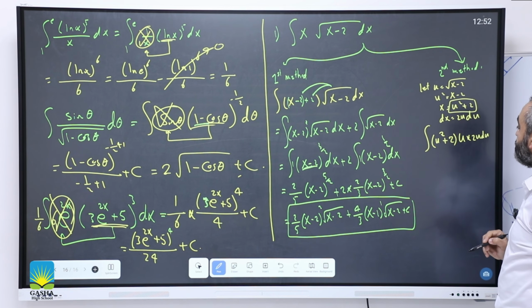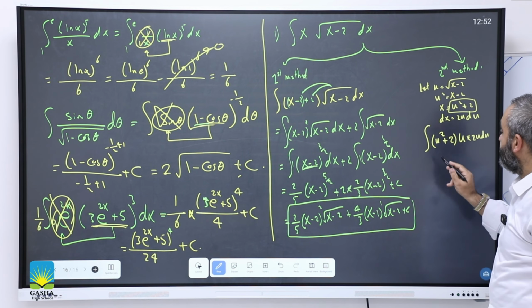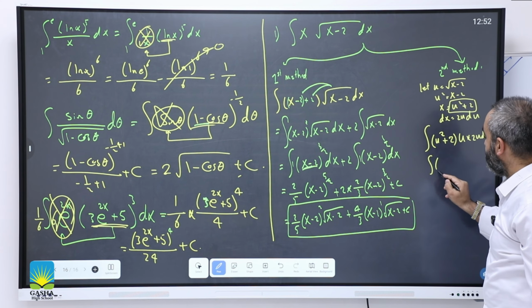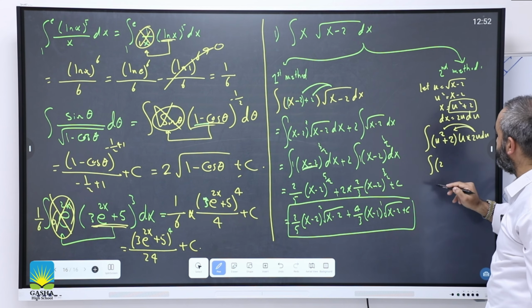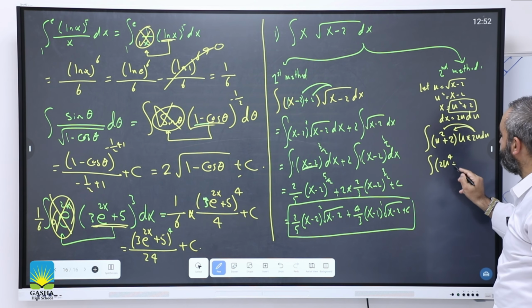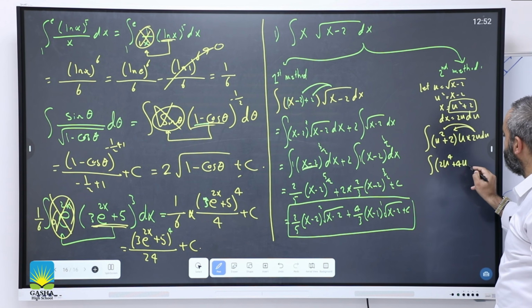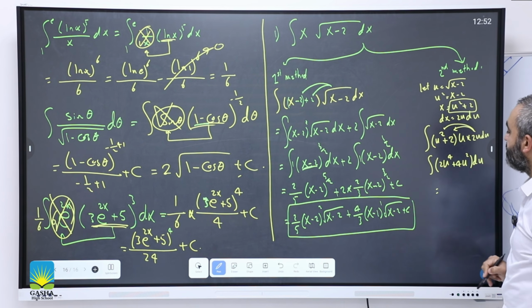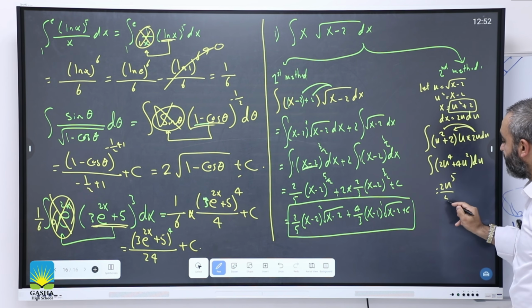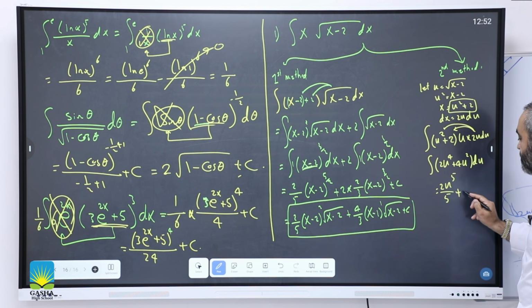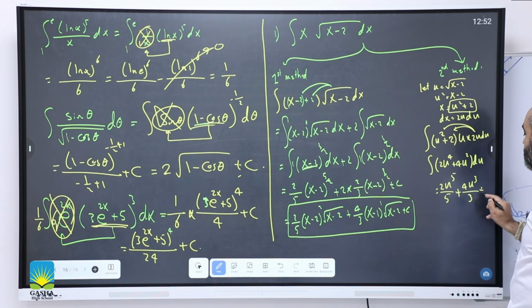u times 2u squared, so the integral is 2u times, inside the bracket, 2u to the power of 4 and 4u to the power of 2, du. What is the result here? 2u to the power of 5 over 5, and this is 4u to the power of 3 over 3, plus c.